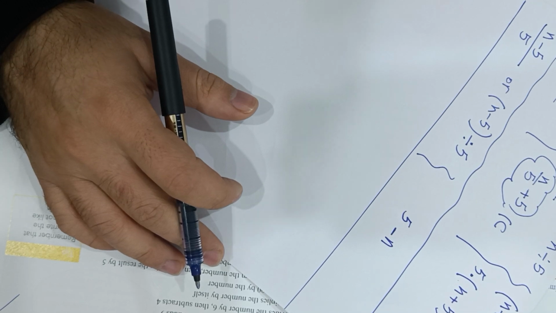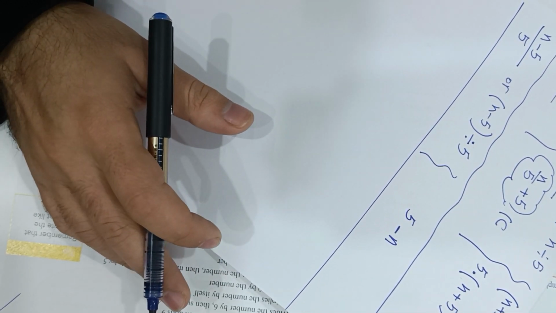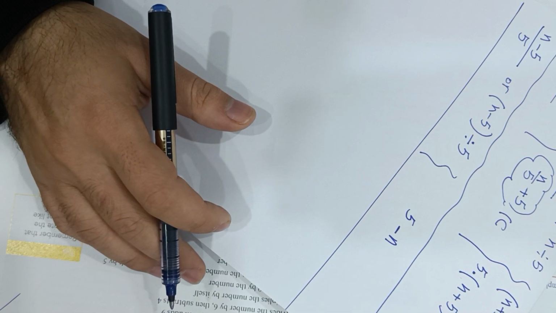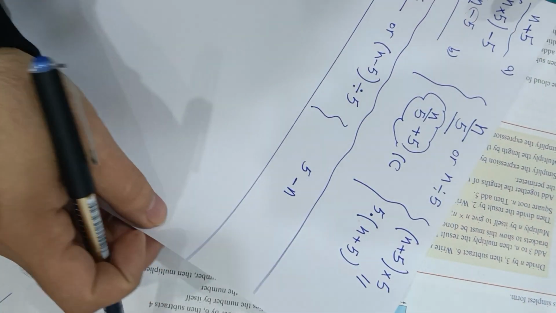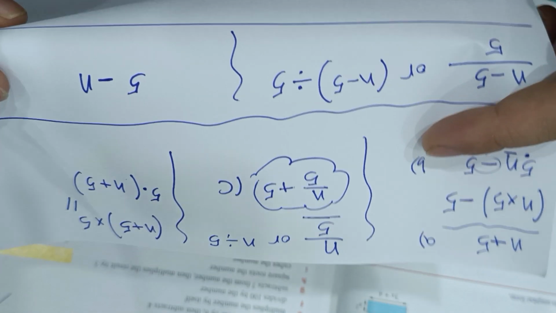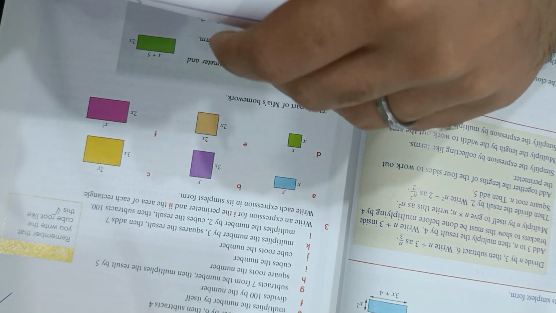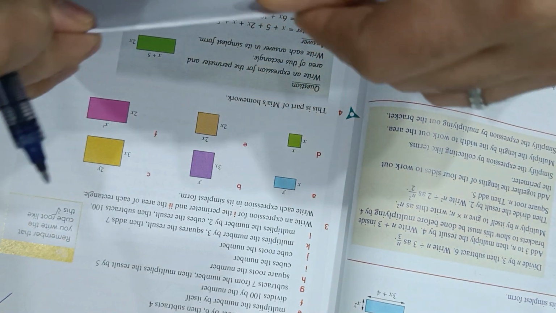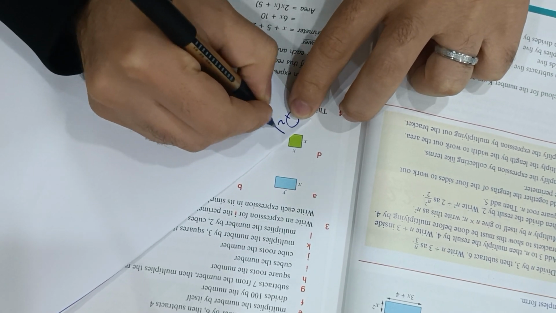Luis thinks of a number x. Write an expression in terms of x for the number Luis gets when he multiplies the number by 7. So multiply the number by 7 means, let me just do it, question 2.